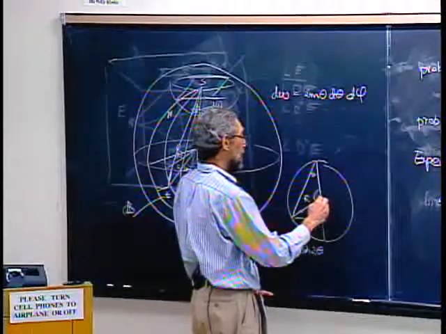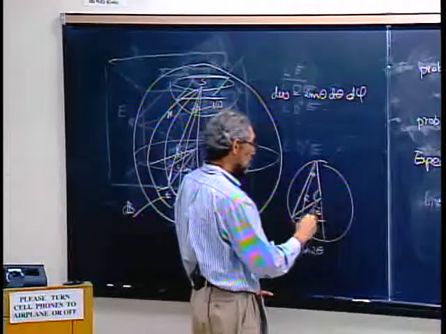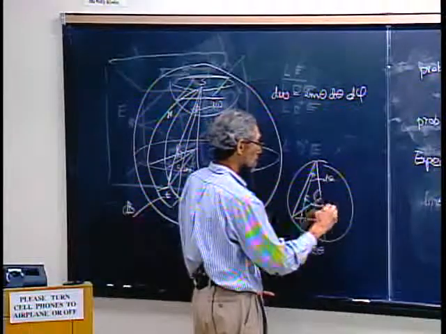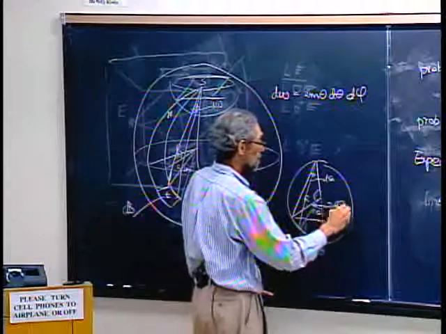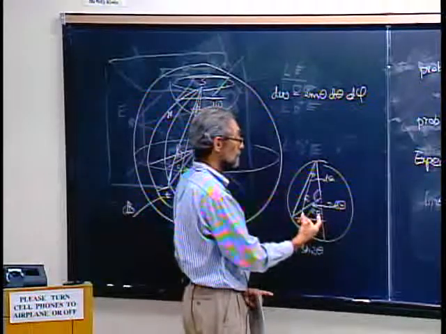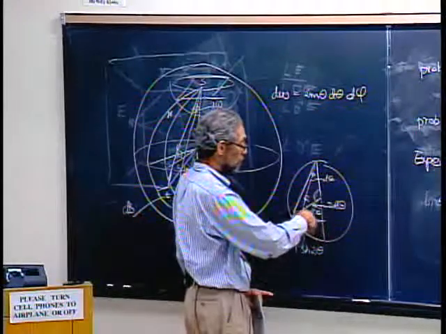And now if this is changing by d theta, then this one changes by 2 d theta, because, let's see what's happening. Yeah, theta is increasing. This one measured this way is decreasing.